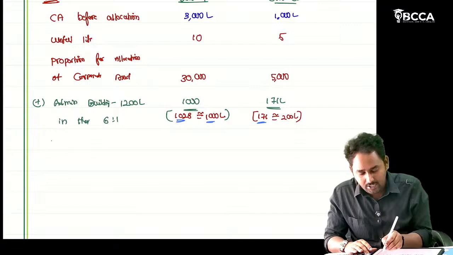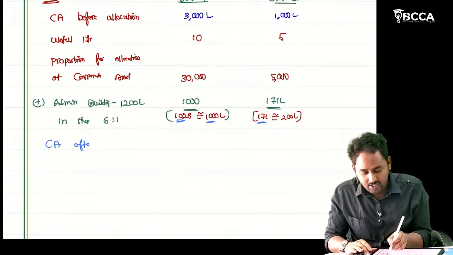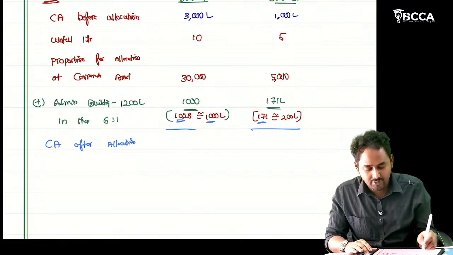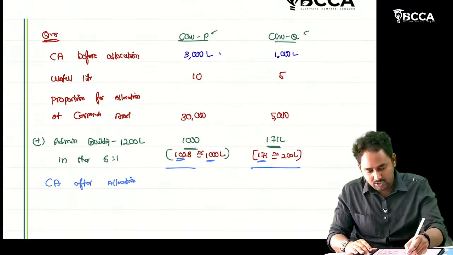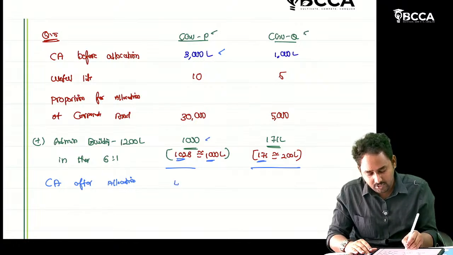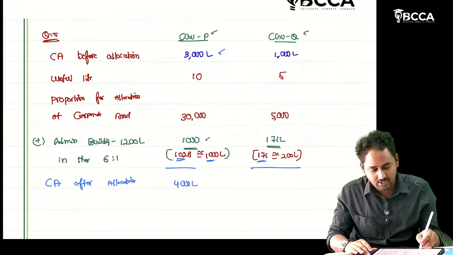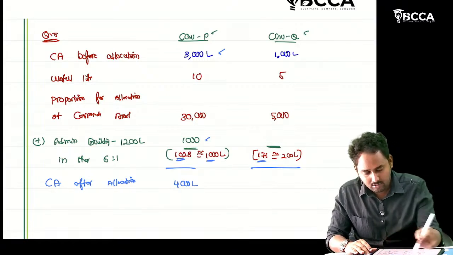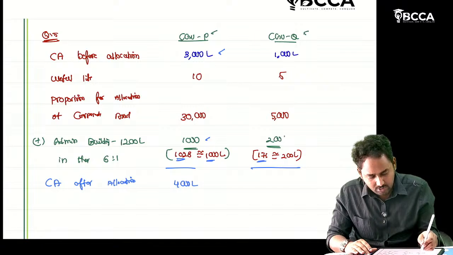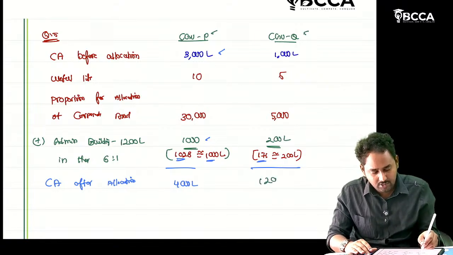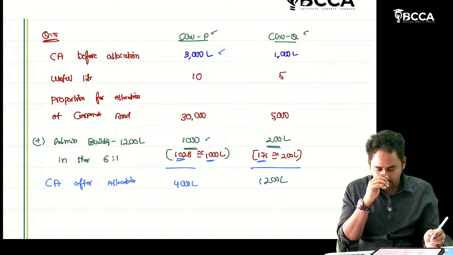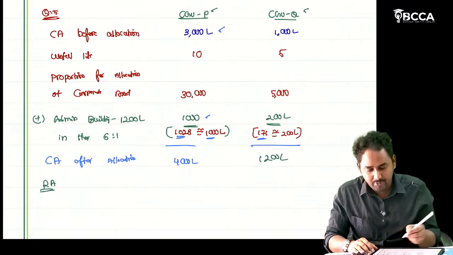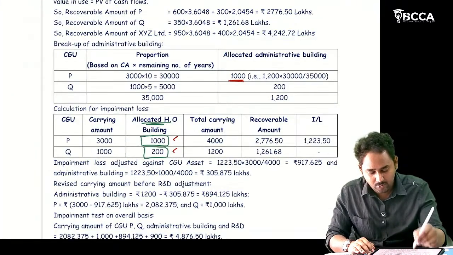So what is the carrying amount after allocation? 3000 plus 1000 becomes 4000 lakhs. Here it is 200 lakhs, so it becomes 1200 lakhs carrying amount after allocation. And what is the recoverable amount of P?